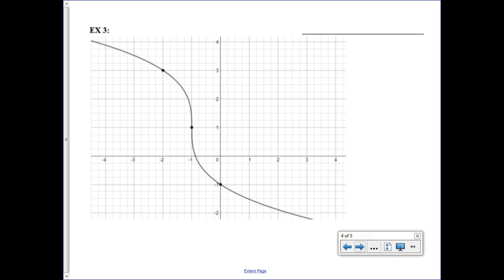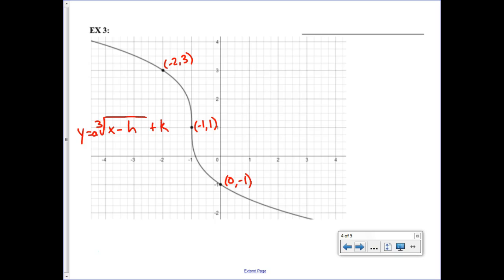So I have point here -1, 1. I have 0, -1, and I have -2, 3. I only need to pick one of these. This looks like a cube root function to me. So y equals the cube root, or a times the cube root of x minus h plus k.